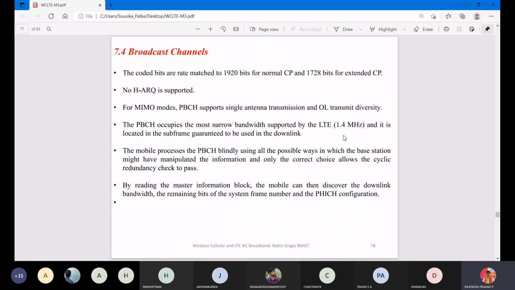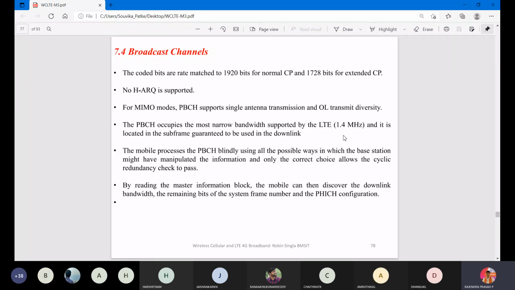For MIMO, the PBCH supports single antenna transmission and open loop transmit diversity. PBCH is nothing but the physical broadcast channel, which supports single antenna transmission. So I am not going to transmit my data through multiple antennas for the multiple users. When I am broadcasting the data, there will be only one master. That is what he is trying to address.